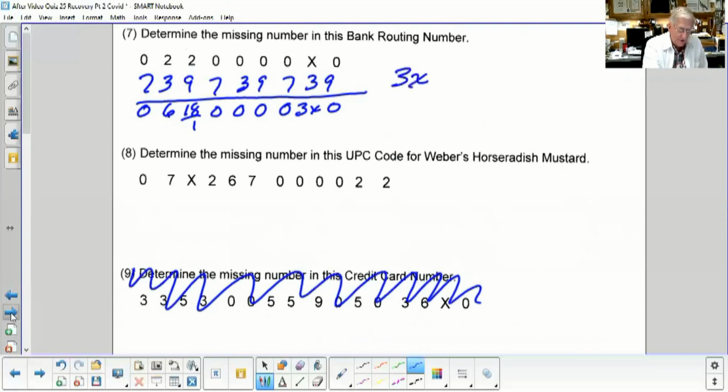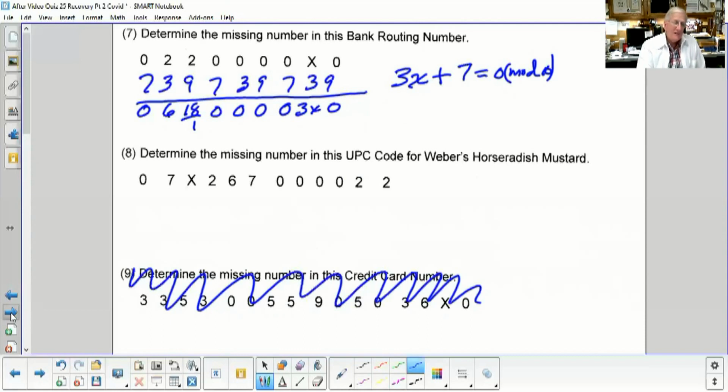But at any rate, 3x plus, it looks like it's 7, has to equal 0 mod 10. What does 3x have to end in so that when it's added to 7, it gives me what I need, 0 mod 10?